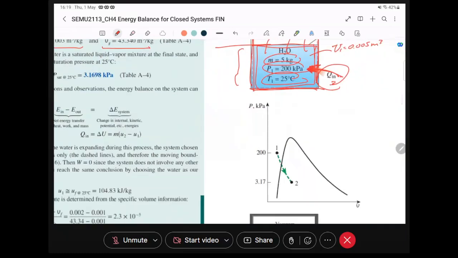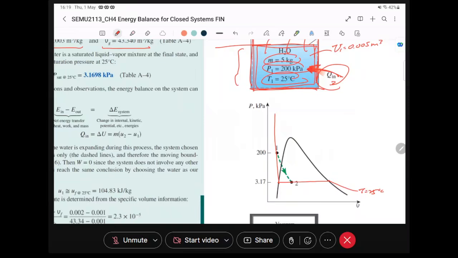Very simple. This is the temperature equal to 25 degrees Celsius line.